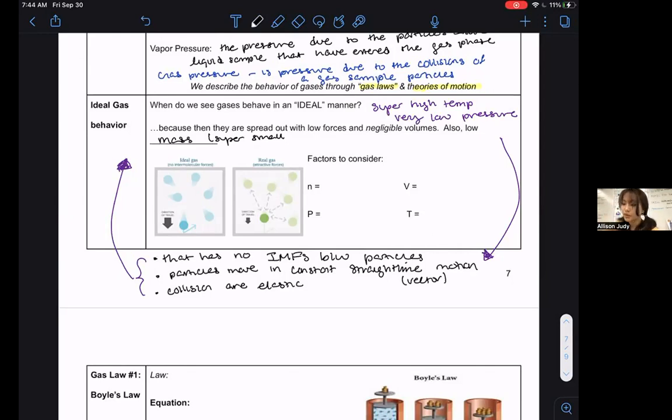So we say that super low mass, super small particles are more likely to demonstrate ideal behavior.